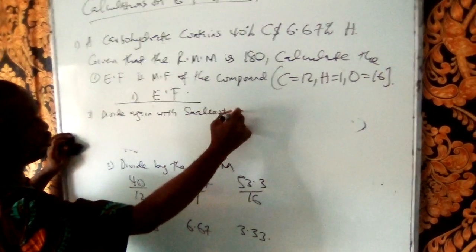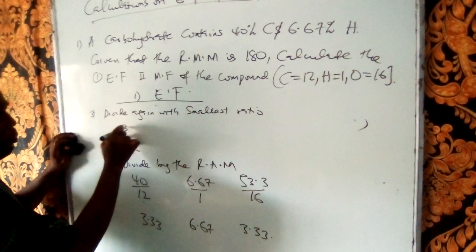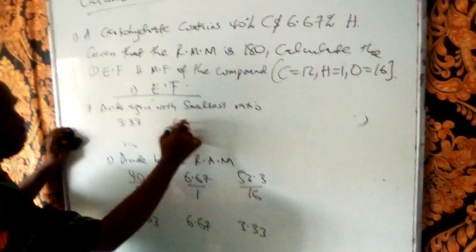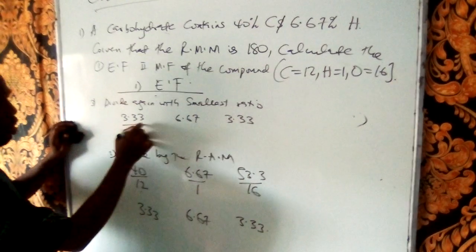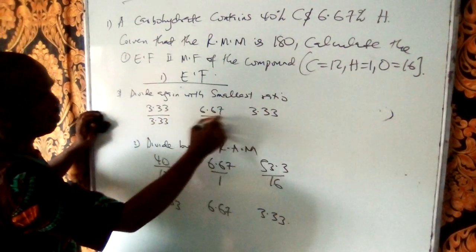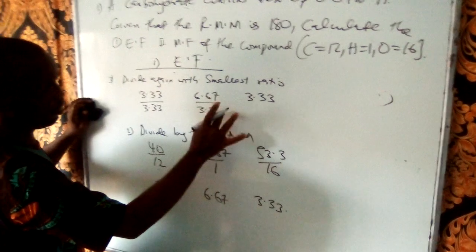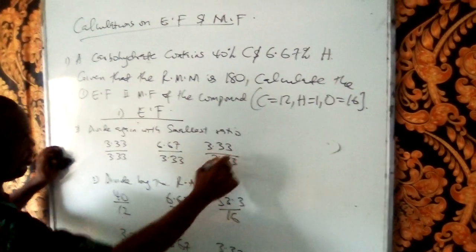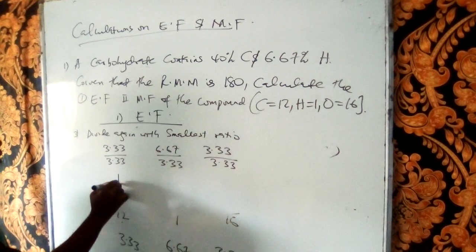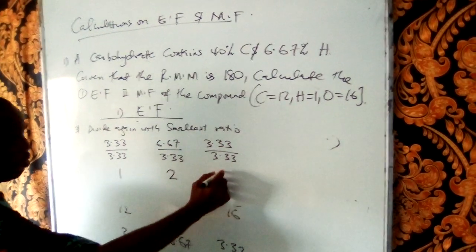The smallest ratio among them is 3.33, since 6.67 is still larger. So divide all of them by 3.33 and approximate to the nearest whole number. So when you divide all of them by 3.33, you get 1, 2, and then 1.